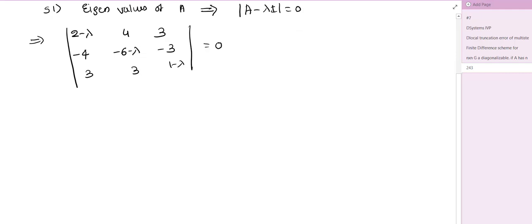Now we need to solve this determinant. Because it is a 3 cross 3 determinant, it is easy to solve.